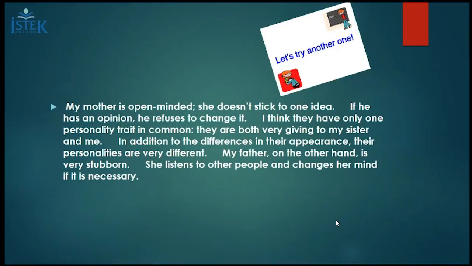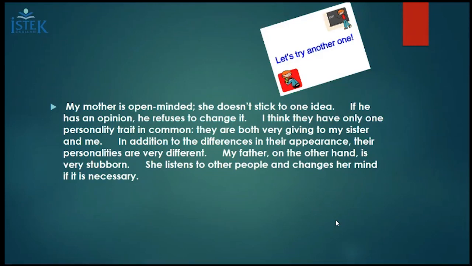My mother is open minded. She doesn't stick to one idea. If he has an opinion, he refuses to change it. I think they have only one personality trait in common. They are both very giving to my sister and me.